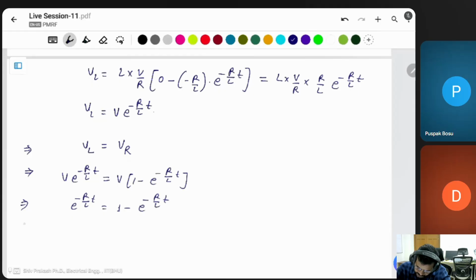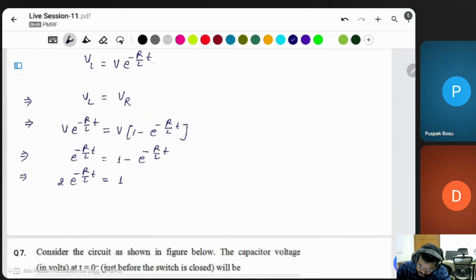Transferring this to the left hand side, 2 e to the power of minus R by L into T is equal to 1. Then e to the power of minus R by L into T is equal to 1 by 2, which is 0.5.